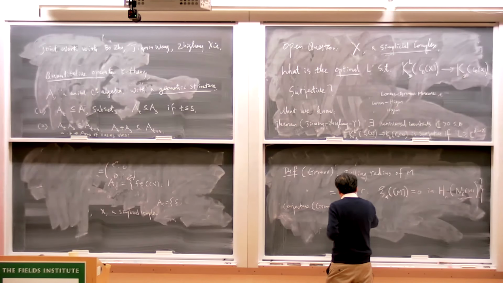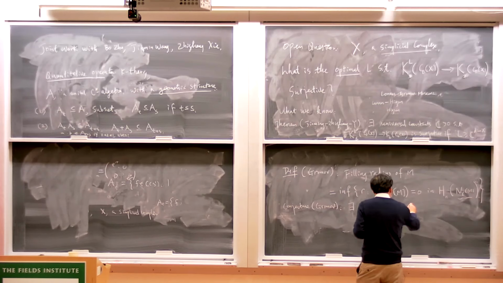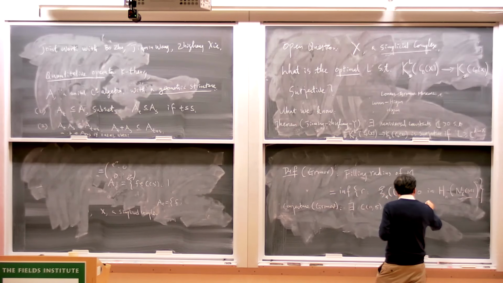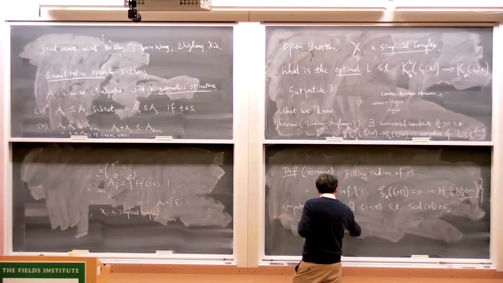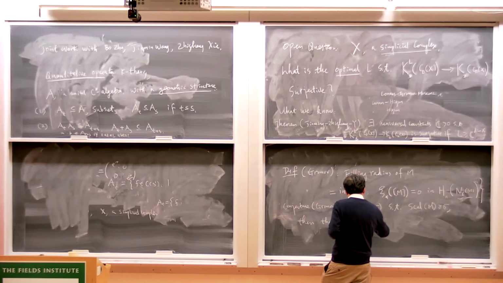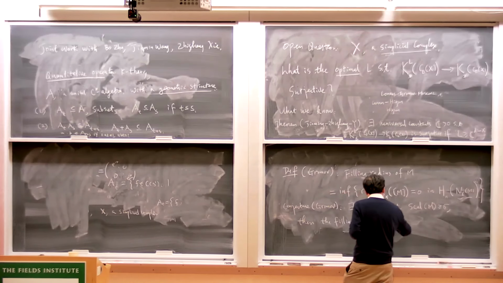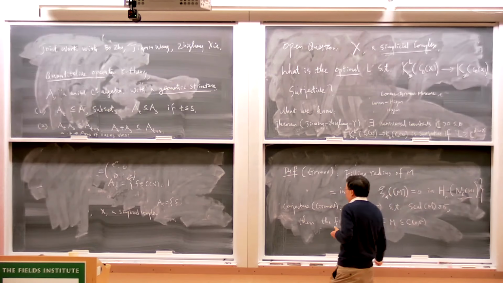He conjectured that there exists a constant C, depending on the dimension n and on some positive number sigma, such that if the scalar curvature of a manifold M with dimension n is greater than or equal to sigma, then the filling radius of M is less than or equal to C.